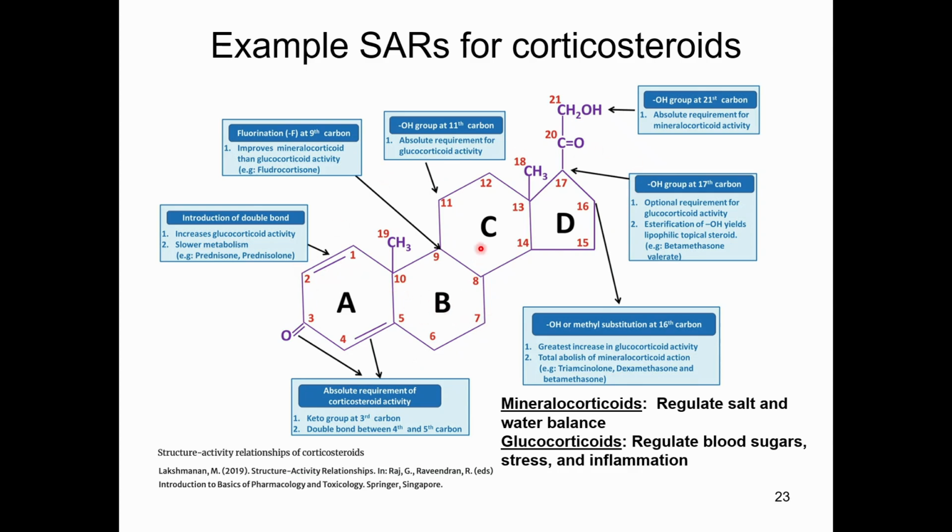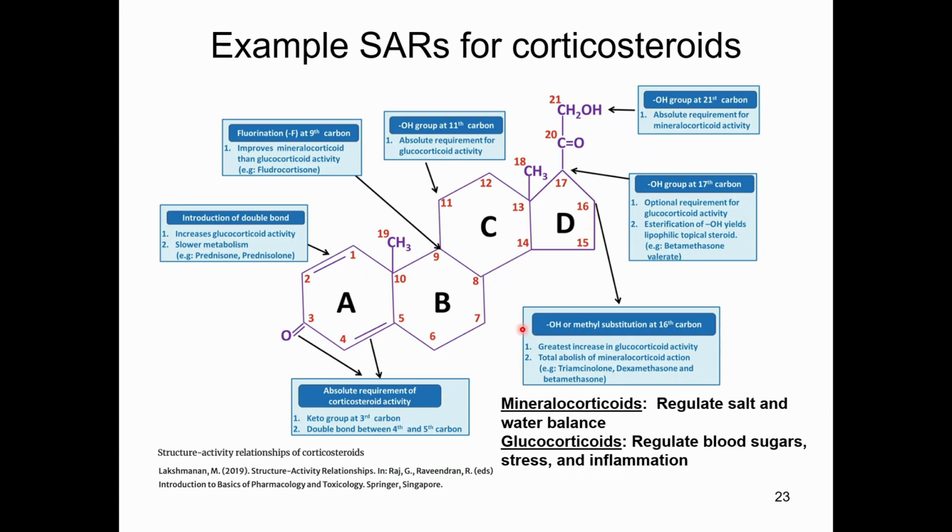And you can see that the rings are called A, B, C, and D. It's 6, 6, 6, and 5-member rings, and that's the structure of all steroids. And you can see here that by changing different chemical features, it can affect corticosteroids.